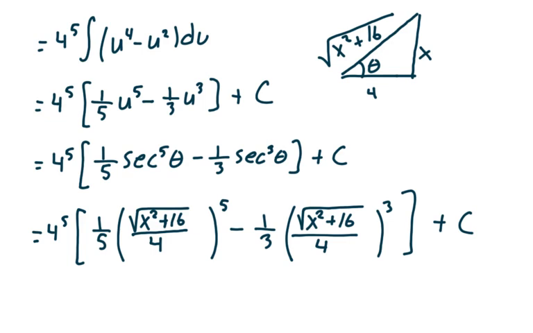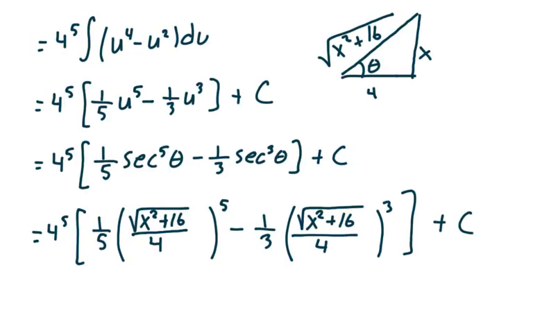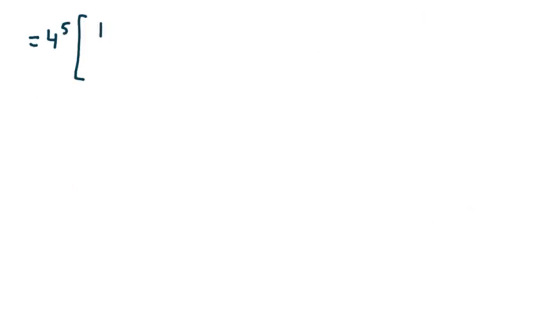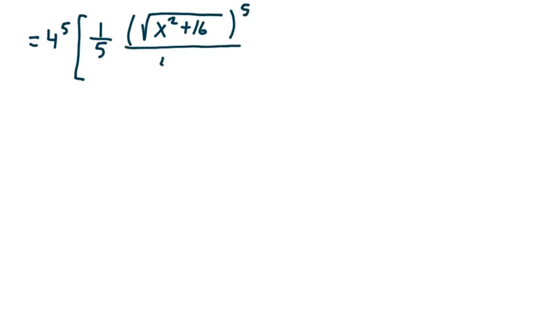Now, I'm going to go a little bit further because I want to show you guys how we can simplify this. So this is 4 to the 5th times 1/5 times the square root of x squared plus 16 to the 5th divided by 4 to the 5th, right?